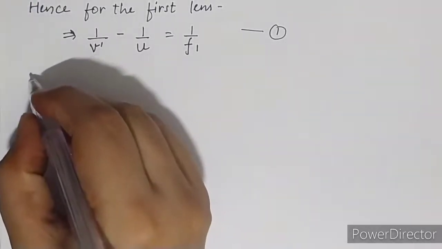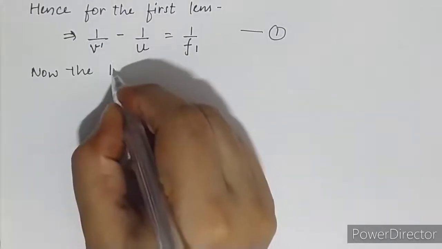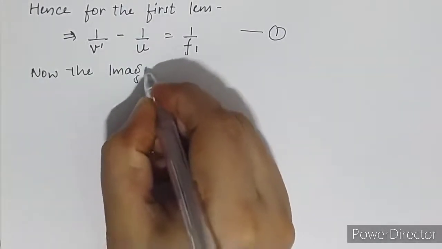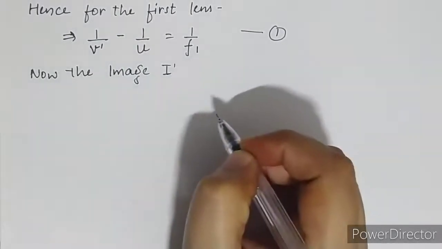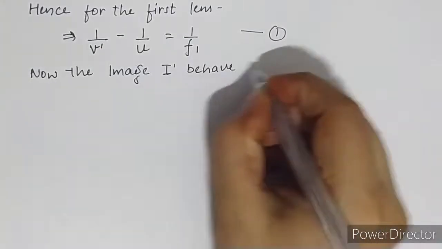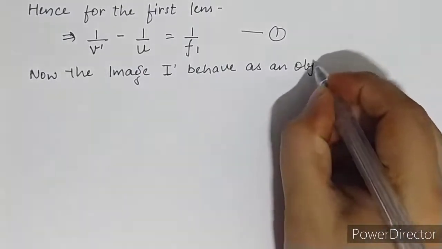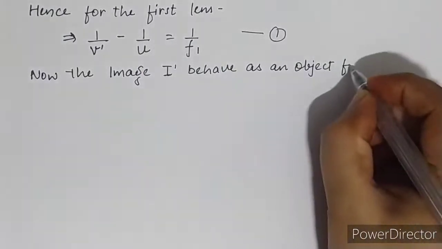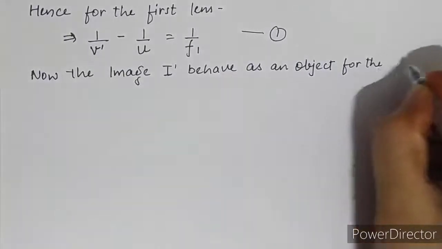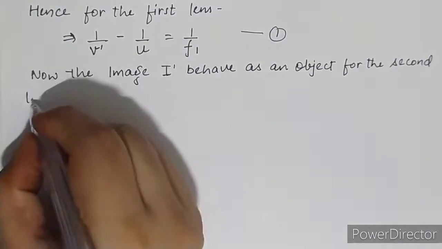The image I dash behaves as an object for the second lens.